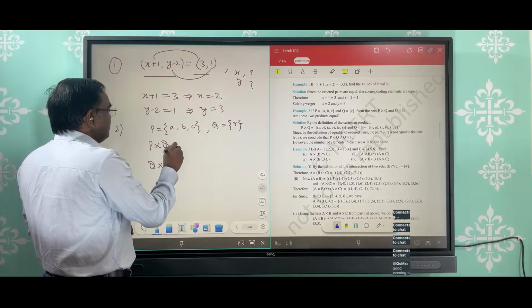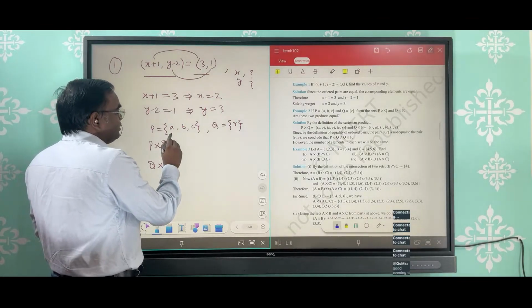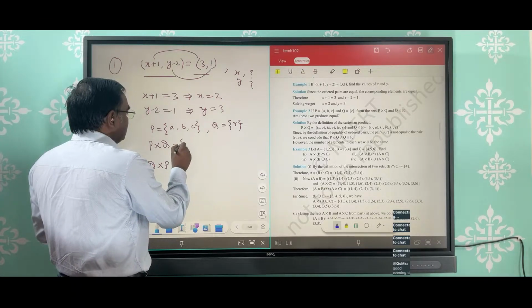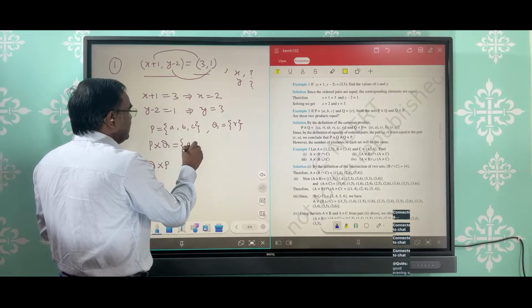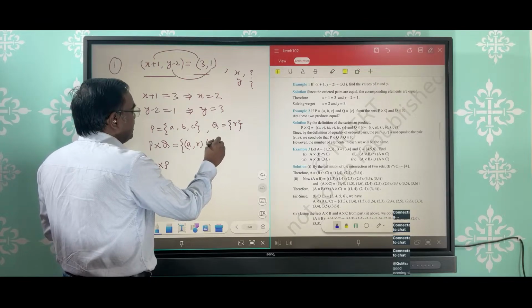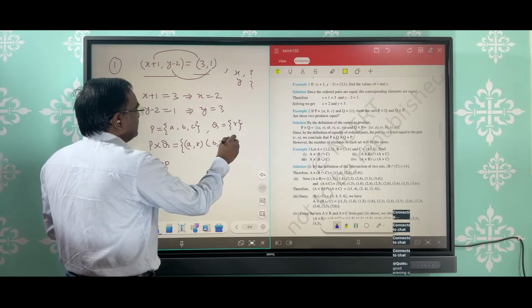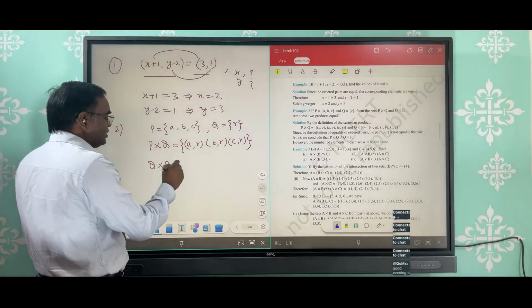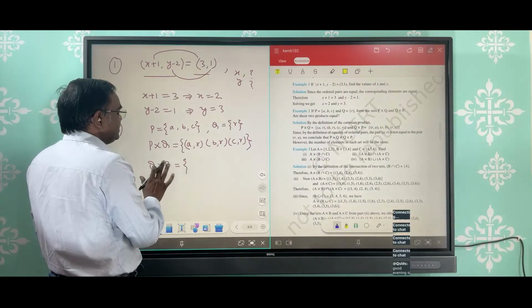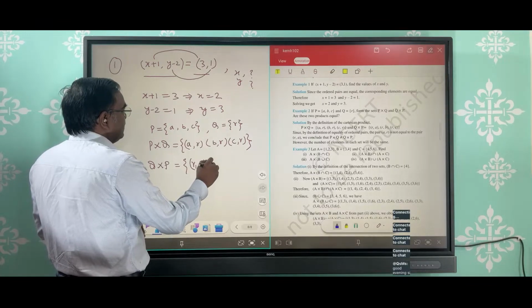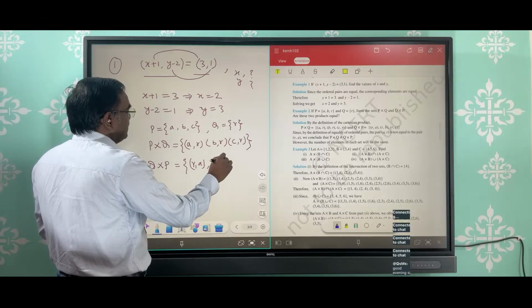P cross Q: first element will be A R, B R, C R. These are the elements of P cross Q. Now the elements of Q cross P: R A, R B, R C.